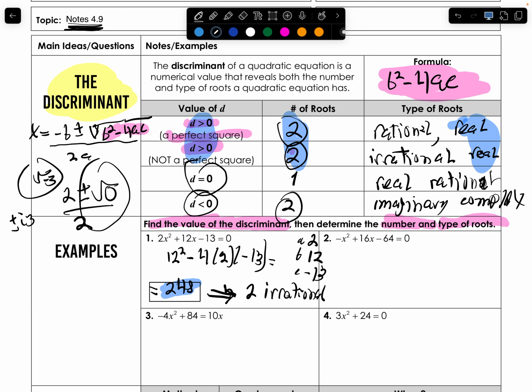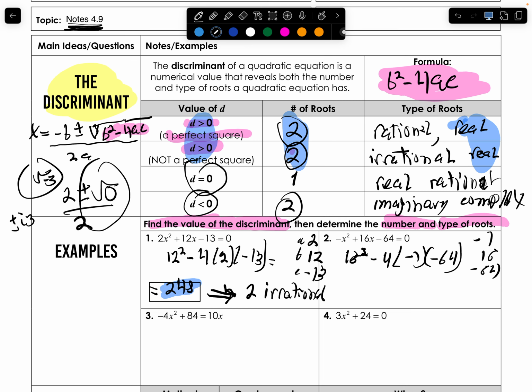Okay, because it's not going to break down into a perfect square number. So -1, 16, -64, ABC, b squared minus 4AC. Okay, and we don't have to do the rest of it.